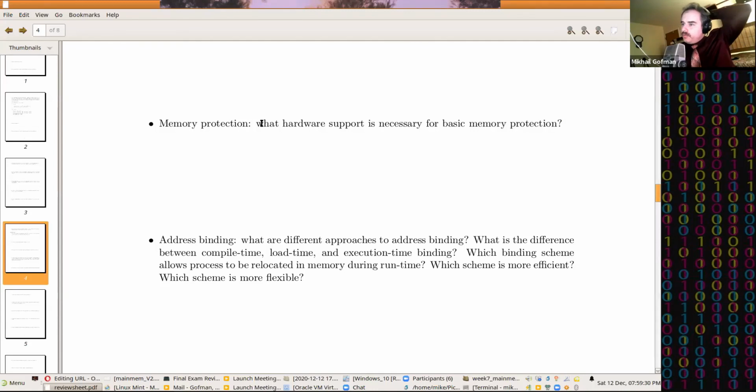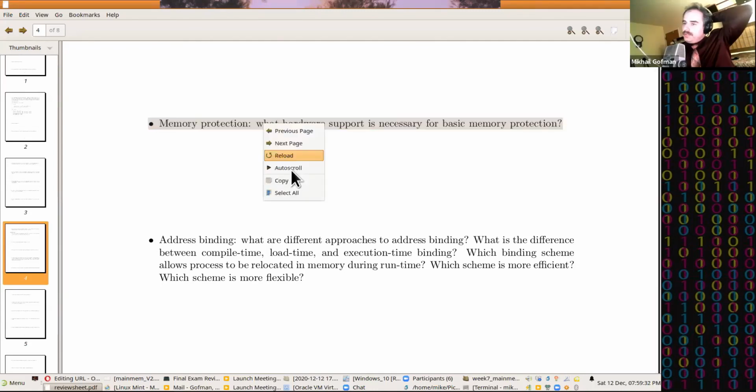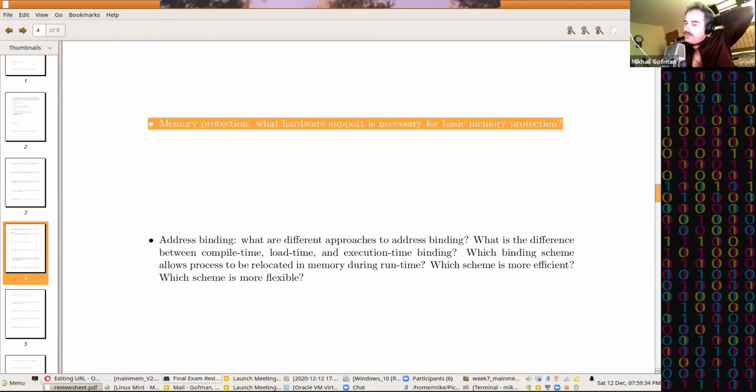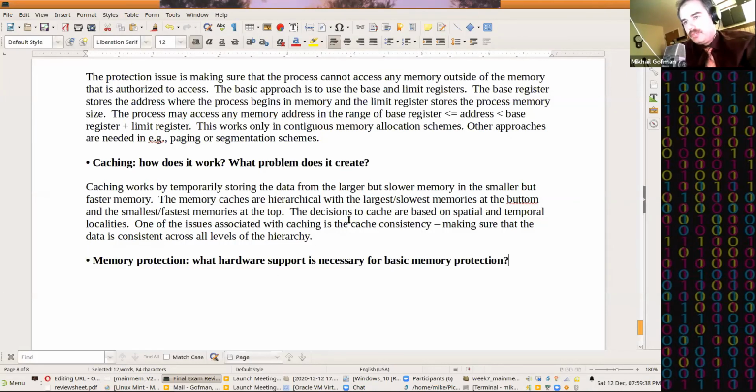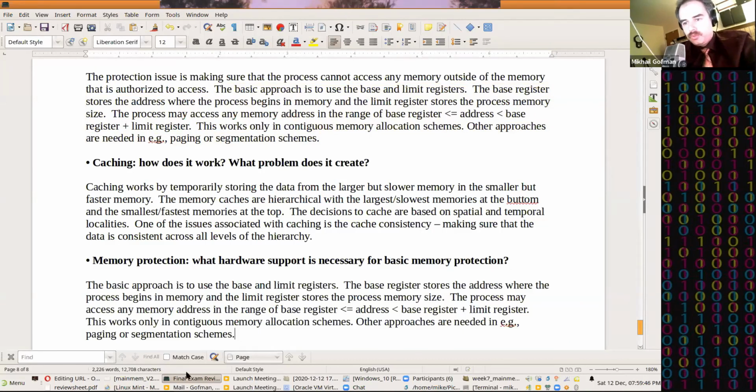Okay, and then the other question here was about memory protection. What hardware support is necessary for the basic memory protection? Once again, I addressed it in that top question, but I will put it right here. Once again, we need a base and a limit register, and the process can access any address between the address in the base register and the address in base plus limit - 1.